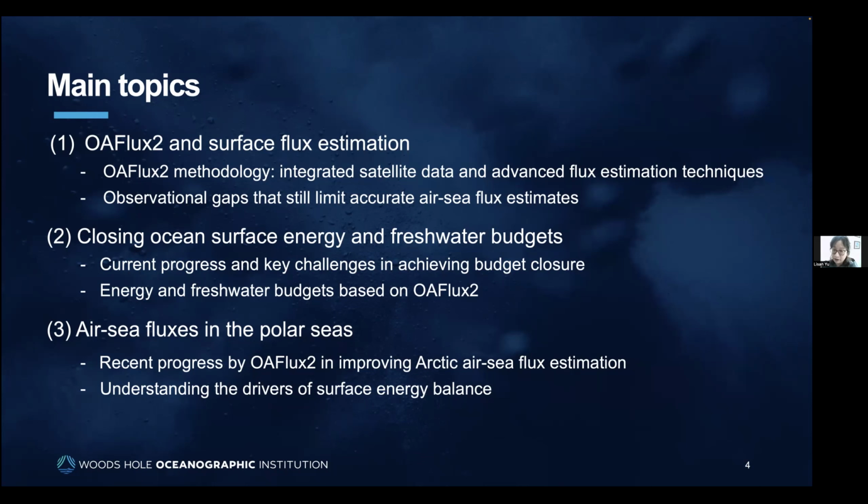So I'm going to give an overview of current progress and the key challenges in achieving this budget closure, and also talk about where we stand in terms of budget closure. And the last, I put some emphasis on the air-sea fluxes in the polar regions, which is our recent progress in improving Arctic air-sea flux estimates and in understanding the drivers of this energy budget.